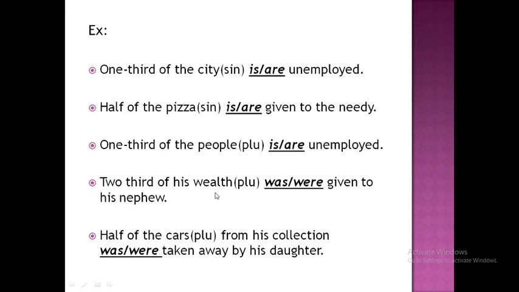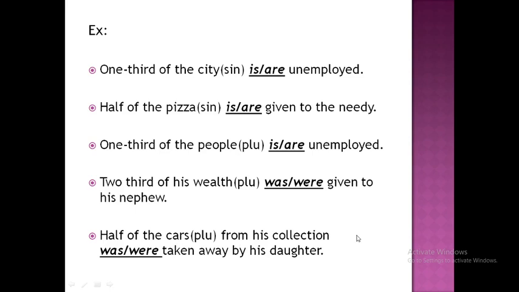In the fourth sentence, wealth, we generally consider this as plural. That's why I mentioned this as plural. So 2/3 of his wealth means a particular portion of wealth is discussed, and it is used at the place of a subject. Exactly in the last one, half of the cars from his collection.